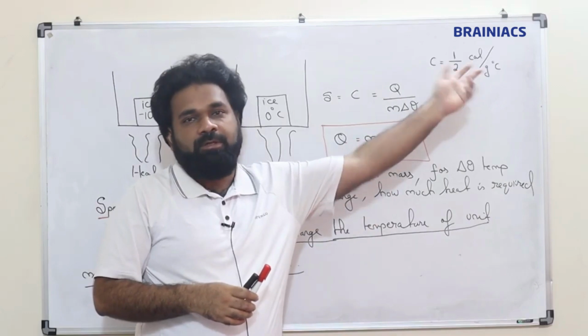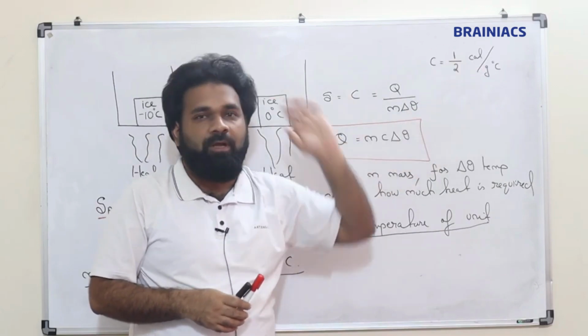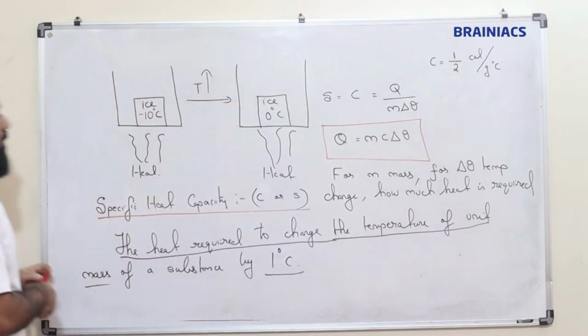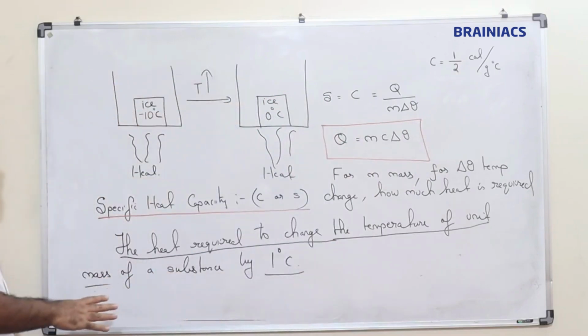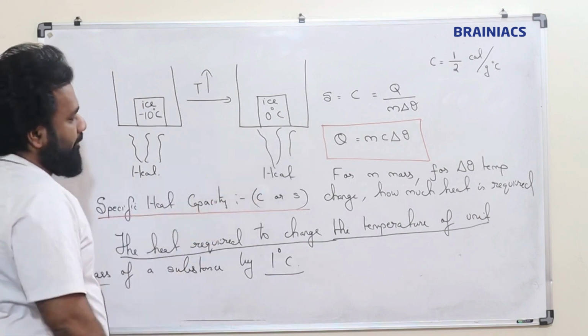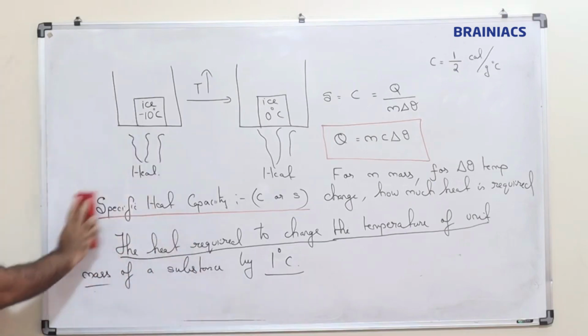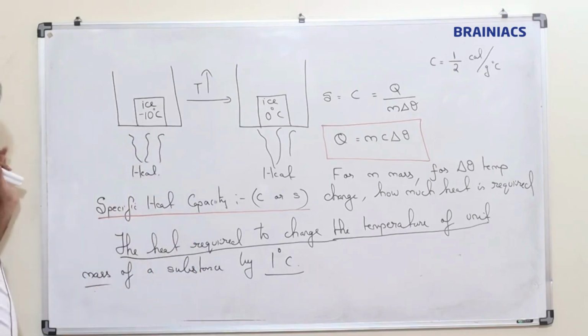Change in temperature for Kelvin as well as for degree Celsius both are same, so it will not affect us. Okay, fine, hope you understood. Specific heat capacity, the total energy required. Now shall I erase this? Please pause the screen and note it down.